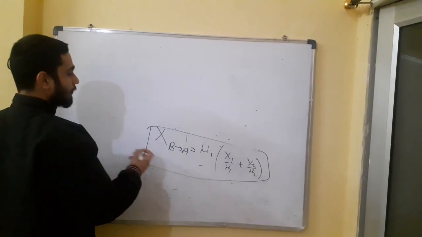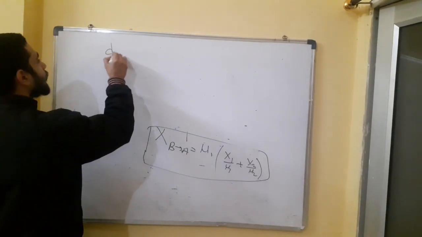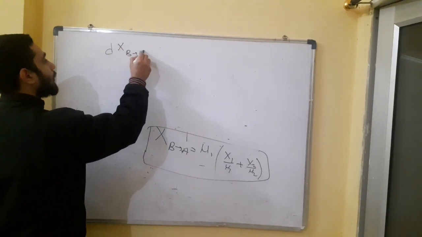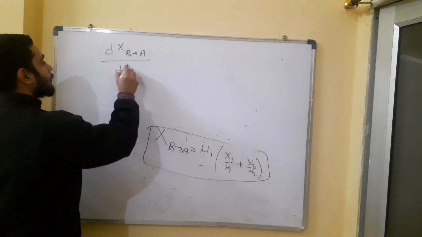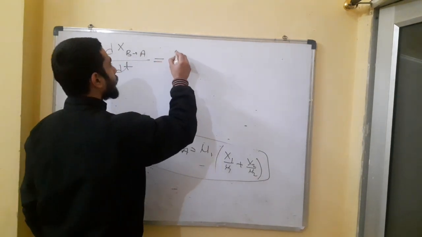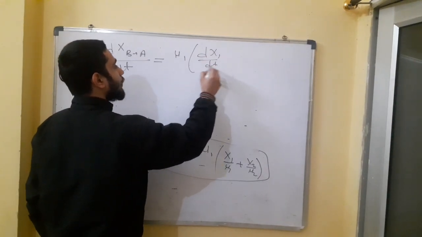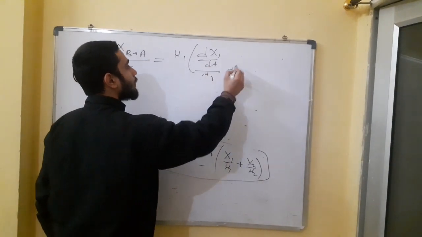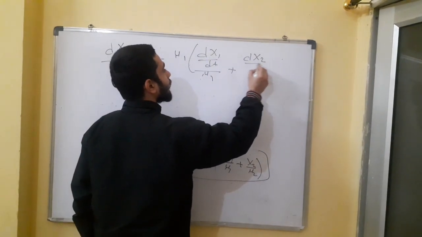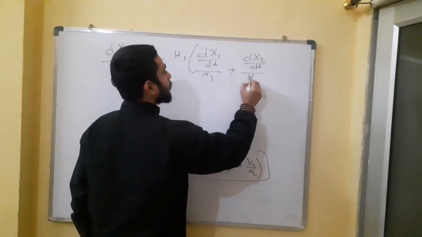Now we will be differentiating this apparent distance with respect to time t. It is mu1 into dx1 by dt upon mu1 plus dx2 by dt by mu2.